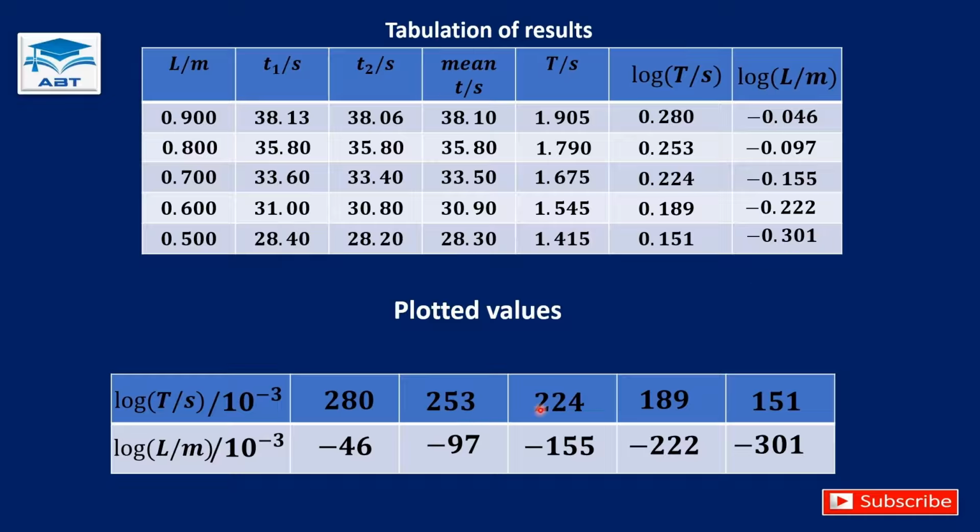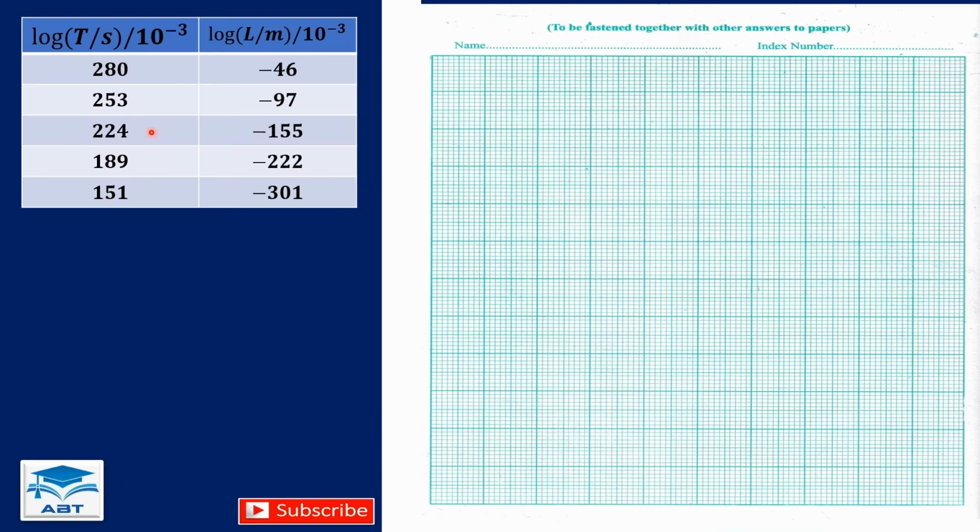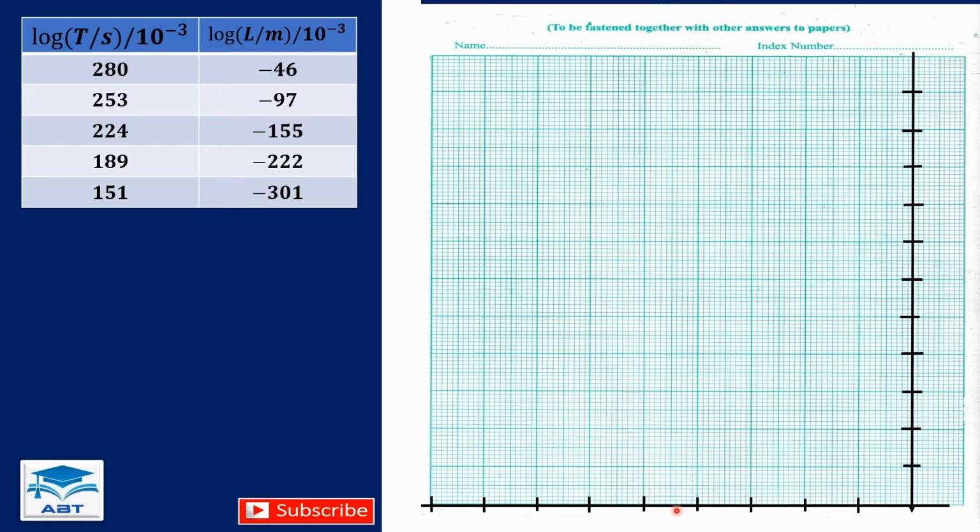So we are going to plot these values on the graph. The values under log t are all positive, so we use the positive part of the graph. And the values under log L are all negative, so we use the negative part of the graph. We are plotting log t on the vertical axis and log L on the horizontal axis.